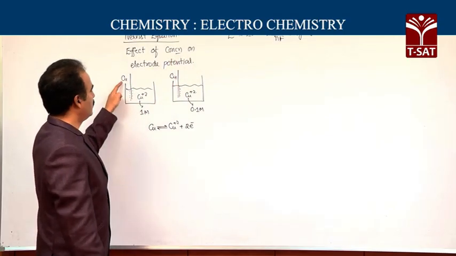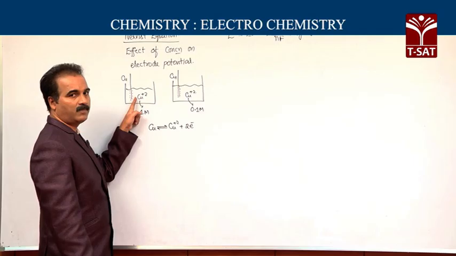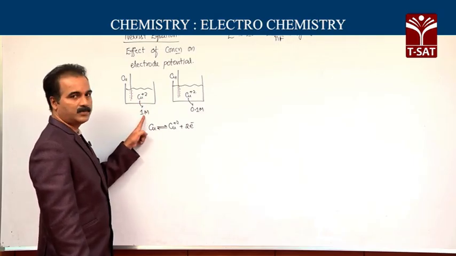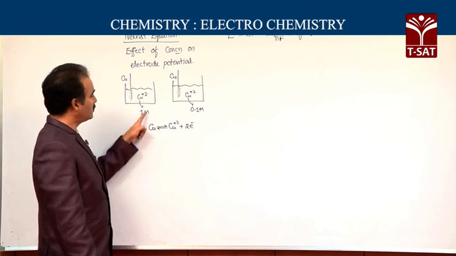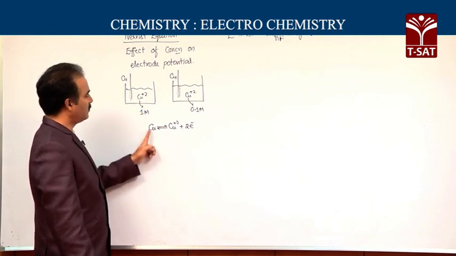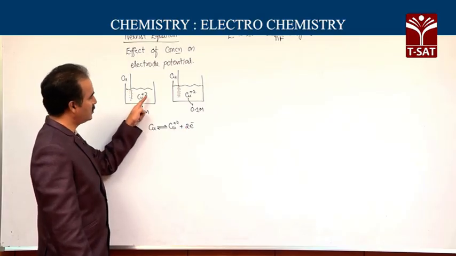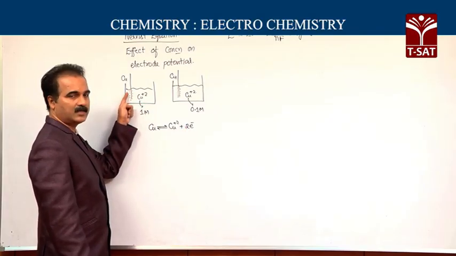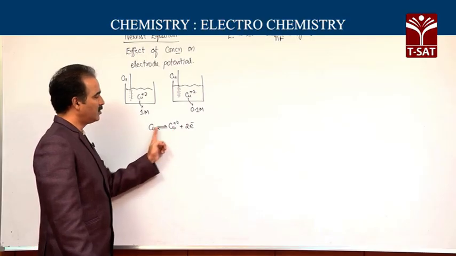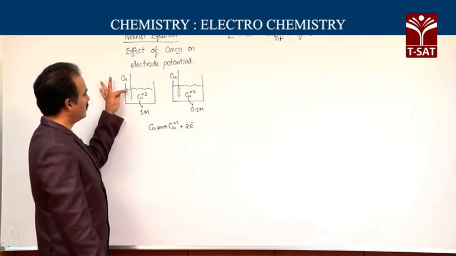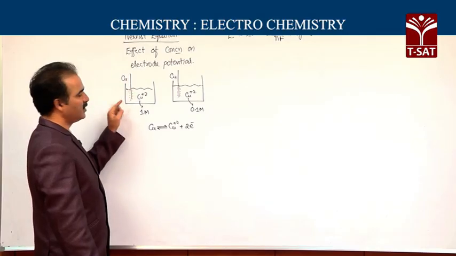Here I have dipped a copper wire in a copper plus 2 solution. The concentration of copper plus 2 is 1 molar. In this solution we can expect a reversible reaction: copper goes into solution, and copper plus 2 deposits as copper. So both oxidation and reduction happen simultaneously, which develops some electrode potential here.